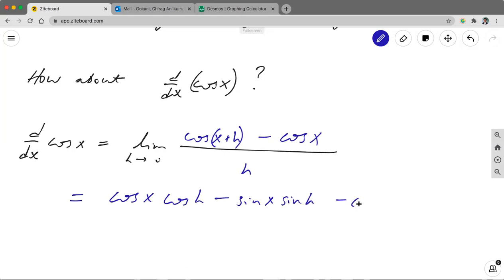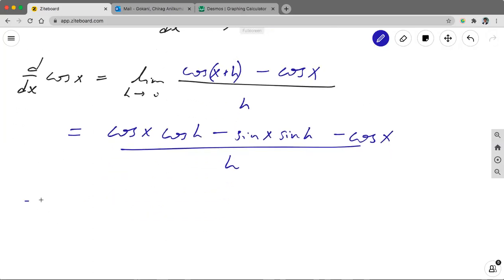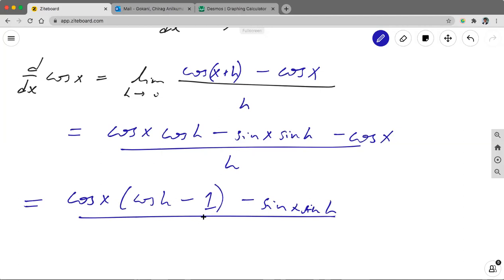You should have learned that in pre-calculus or some trigonometry class. And now here's the part that someone was confused about earlier, the analogous part for this derivation, where I'm going to factor out the cosine of x from these two terms, and I'm going to leave this term alone. So factoring out cosine x from the first and last term, I have cosine h minus 1 minus sine of x sine h all over h.